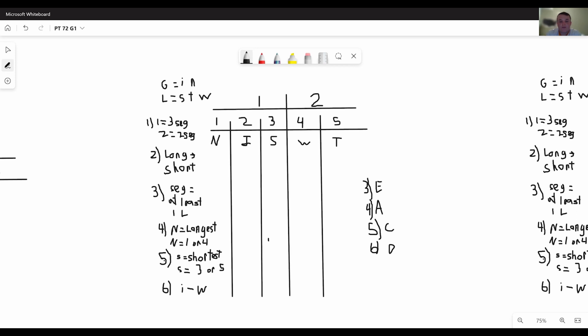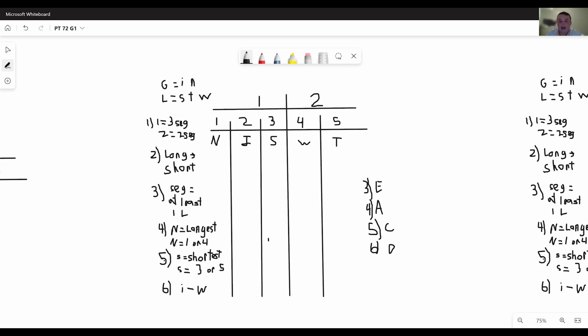Then I'd go to rule 4, which says the national report is always the longest of the five reports. So here I'm going to try to find national farthest left in both segments. As Charity said, rule 4 eliminates A because international is first, and the other ones all have national first.